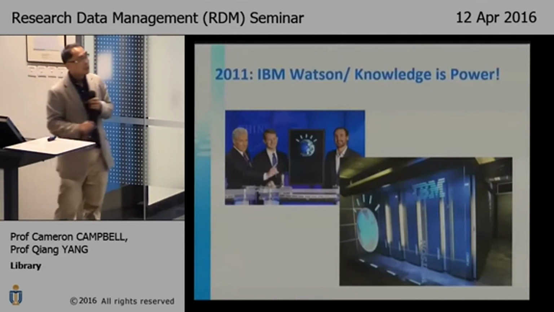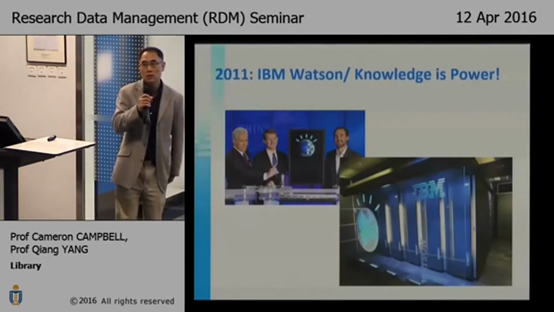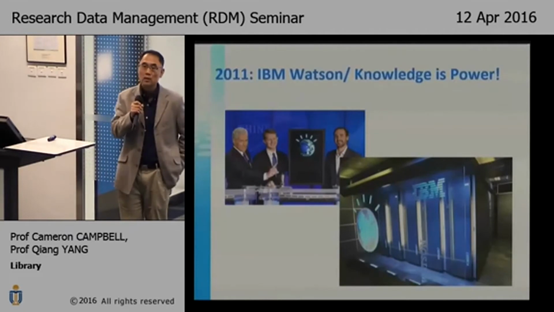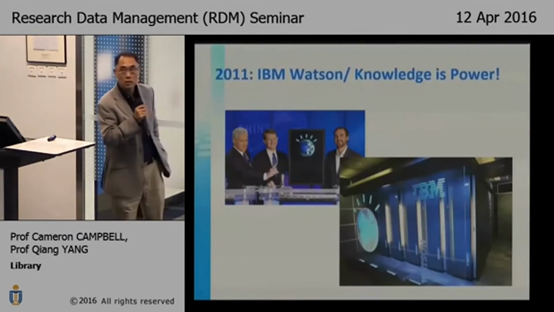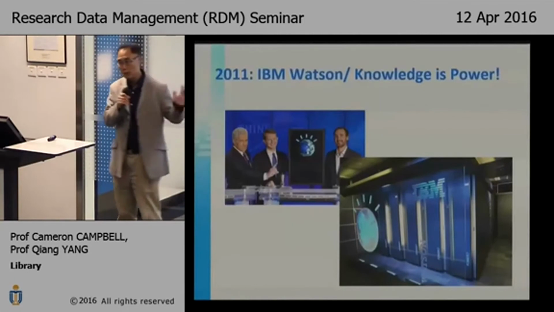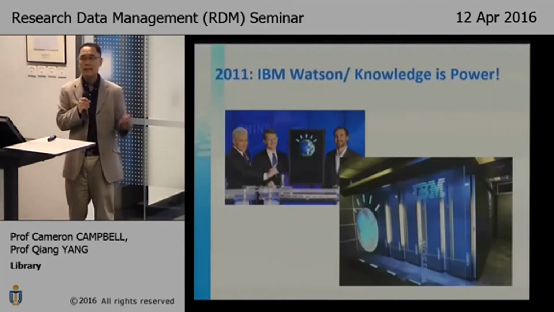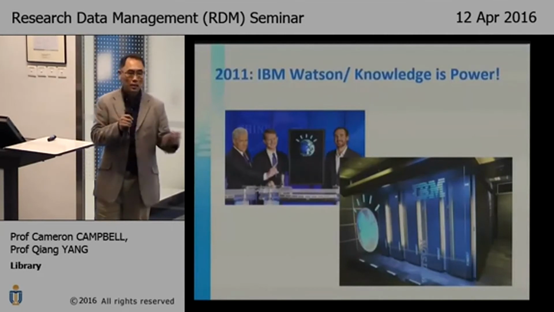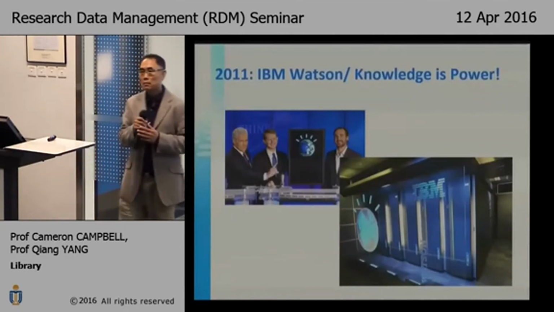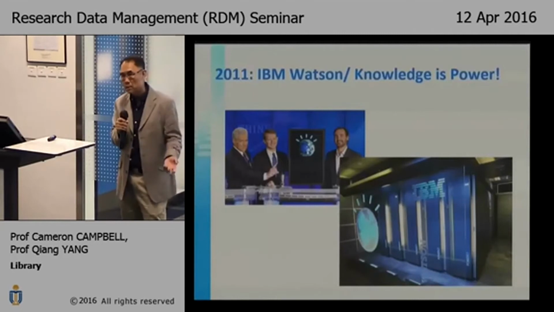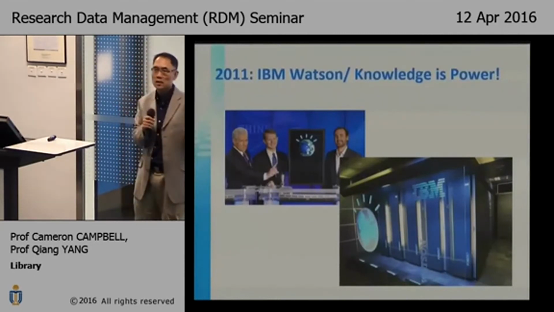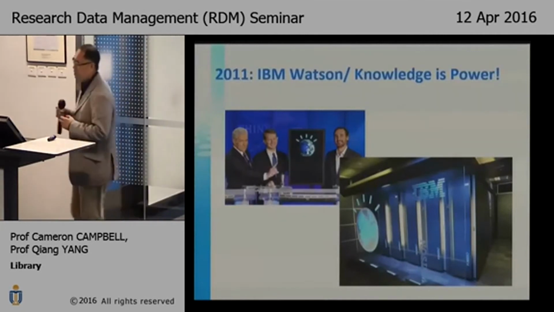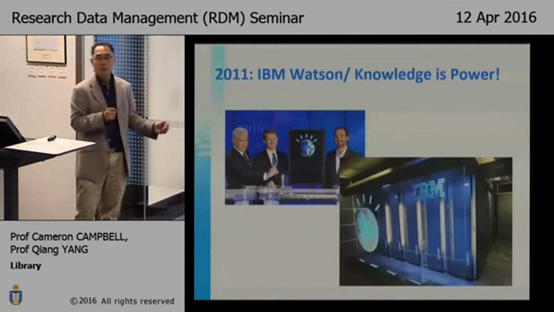So here, the lesson we learned is knowledge is power. And this is, in fact, something we learned from our childhood. Knowledge is power. But in fact, what's behind this is data. So the years and years of Jeopardy videotapes, plus Wikipedia, plus lots and lots of bulletin boards on the internet, collectively were processed by the computer.